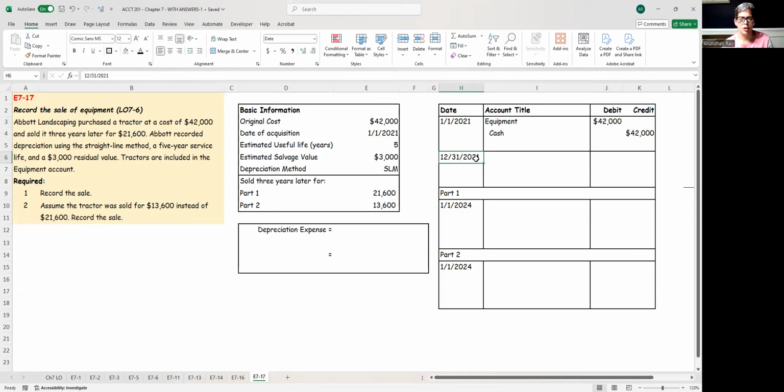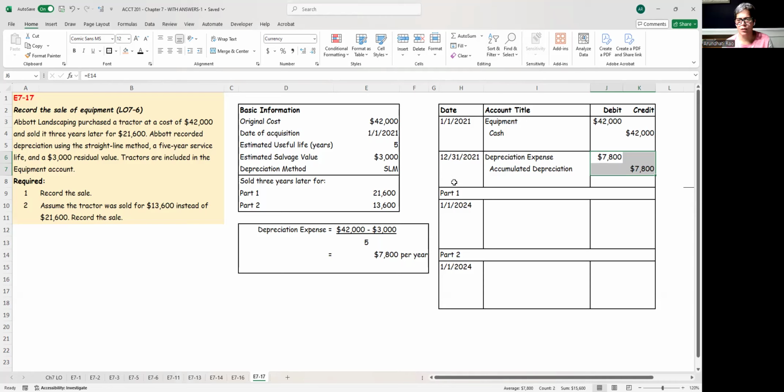At the end of the first year, my depreciation expense is calculated as 42 minus 3 divided by 5. So 42,000 minus 3,000 divided by 5. So my depreciation is 7,800 per year. So depreciation expense debit, accumulated depreciation credit, and that amount is 7,800.